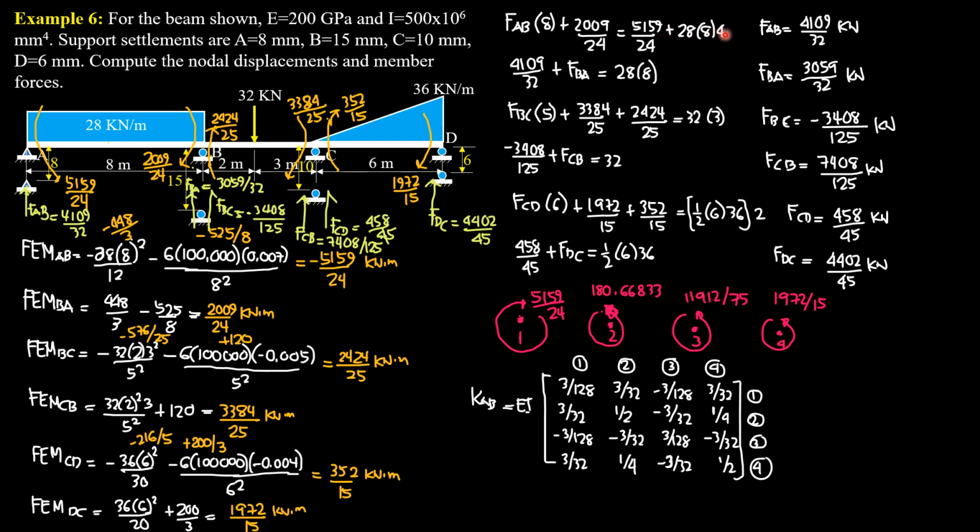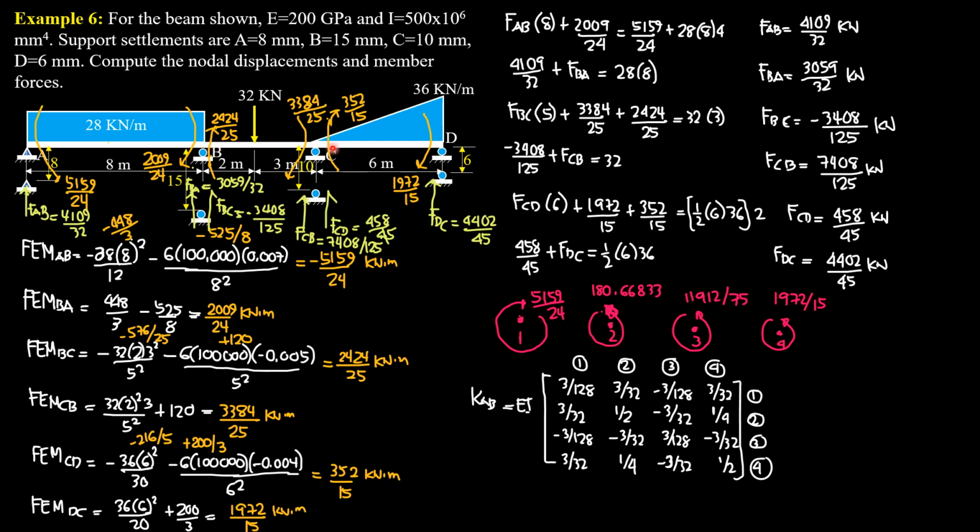So computing for FAB, fixed end force AB, that's 4,109 over 32 kilonewtons. Then summation forces Y equals 0, FAB, which is 4,109 over 32, plus FBA equals 28 times 8. So FBA is 3,059 over 32 kilonewtons for fixed end forces later when we compute for the member forces.